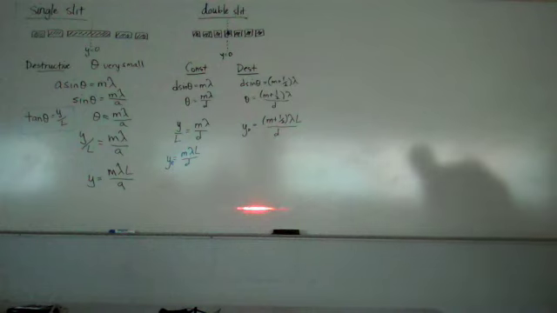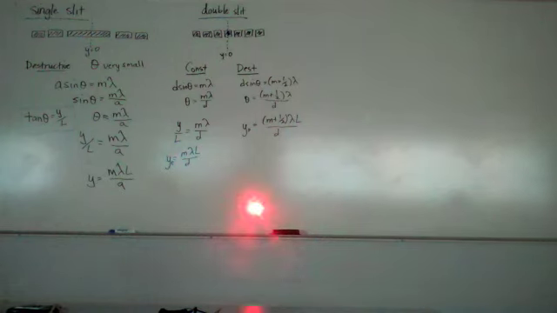But as we add more and more lines, we're getting more distinct positions of constructive interference, which brings us to what is called a diffraction grating.